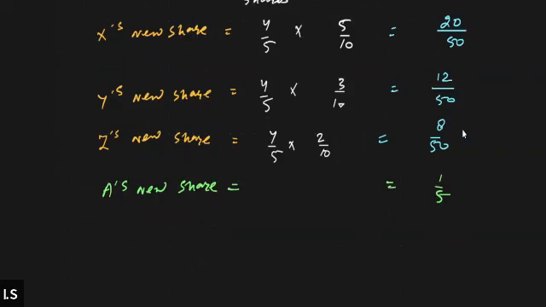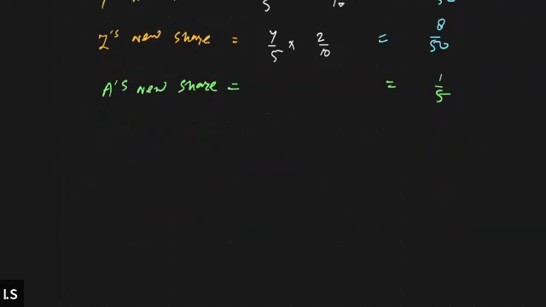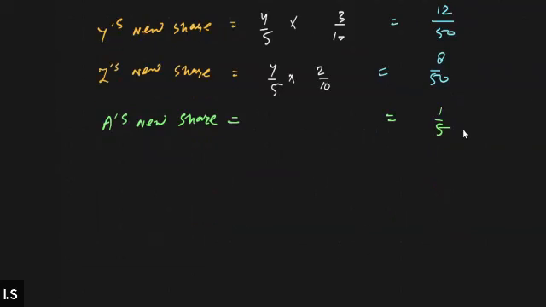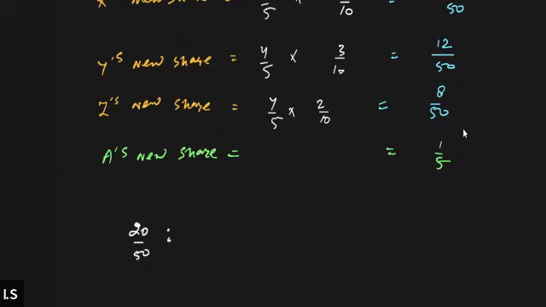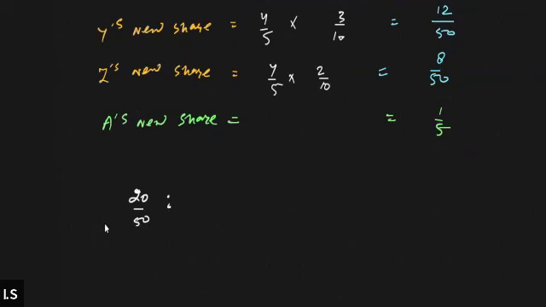So that means the new profit sharing ratio will be, let me write it this way, 20/50 is to 12/50 is to 8/50 is to 1/5. Is that right? This is for X, this is for Y, this is for Z, and this is for A.